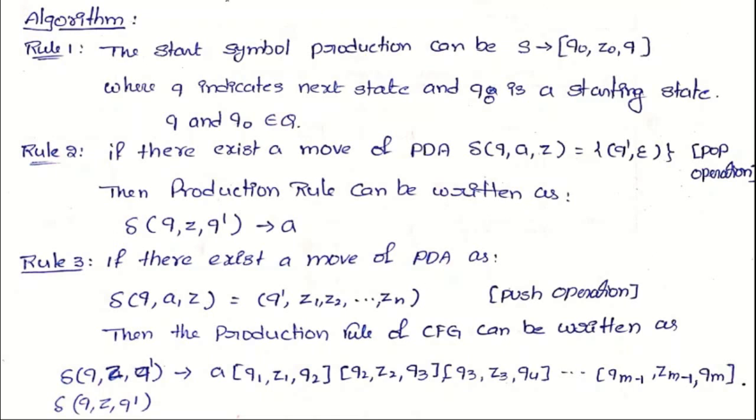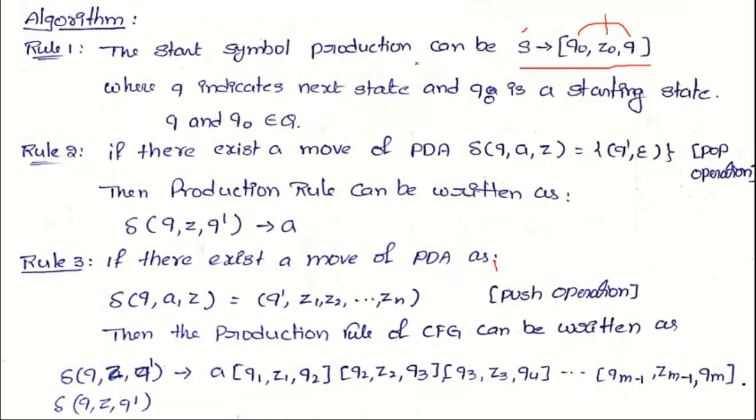Whenever there is a starting symbol, the production can be written as S derives Q naught comma Z naught comma Q. Here Q naught and Q are states in the pushdown automaton, Z naught is the initial top of the stack by default, and S is the starting symbol.